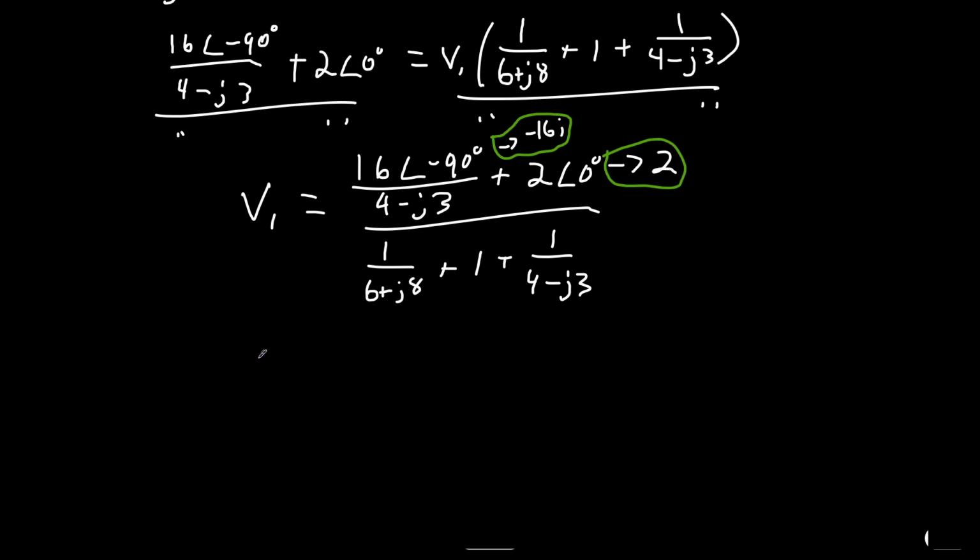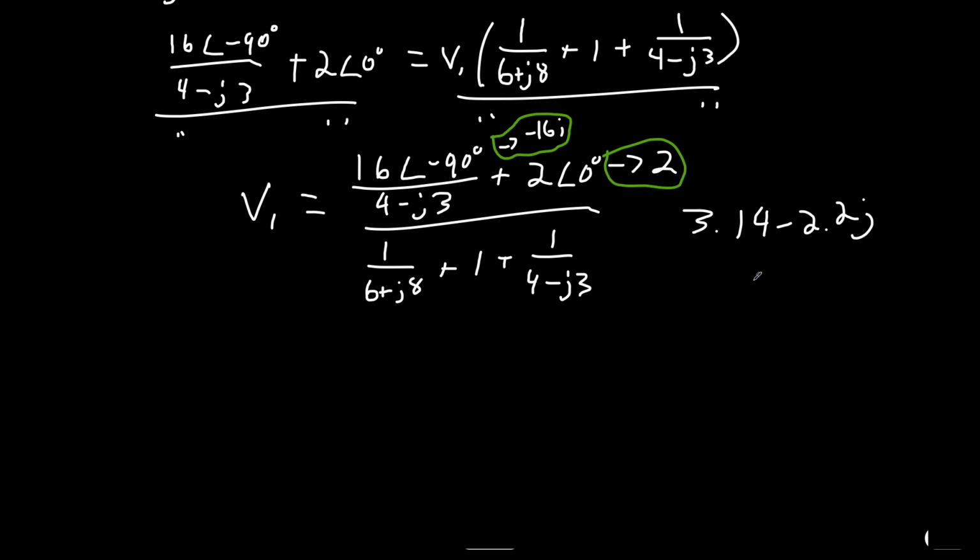So once you plug this into the calculator, I arrived at 3.14 minus 2.2j.